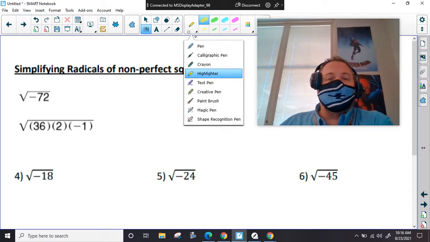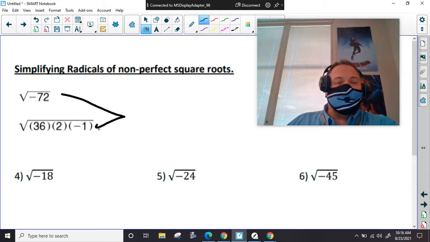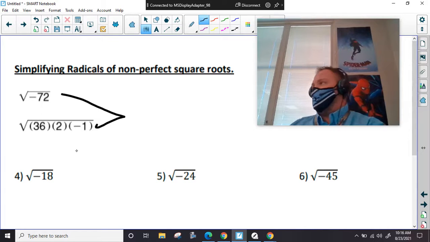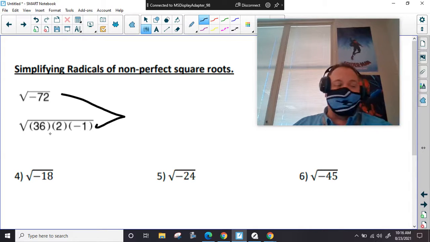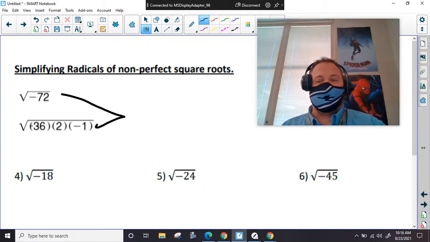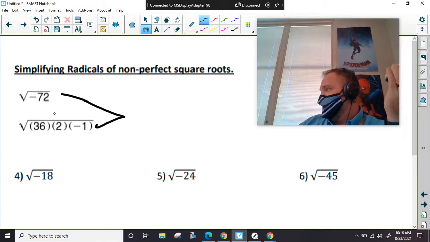All right, this part right here. Some people can do this in their heads, and some other people may not. We used to teach this, but since we have our handy dandy calculators, it will actually do this for us.